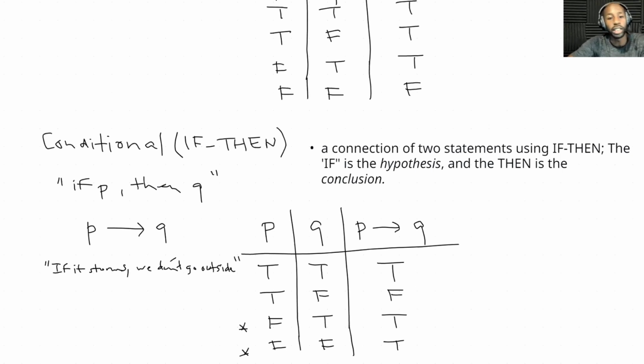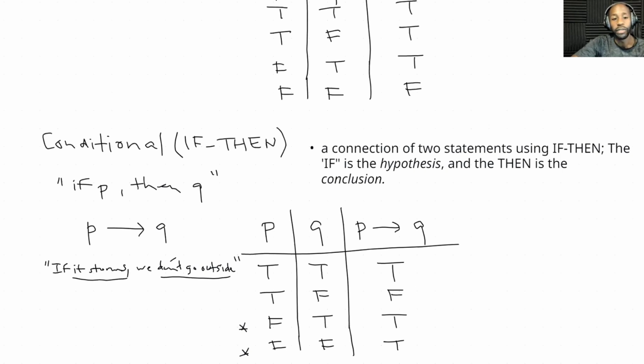This is our conditional. So if it storms, we don't go outside. So say that the hypothesis, it storms, is true, and we don't go outside is true. That is a true statement.